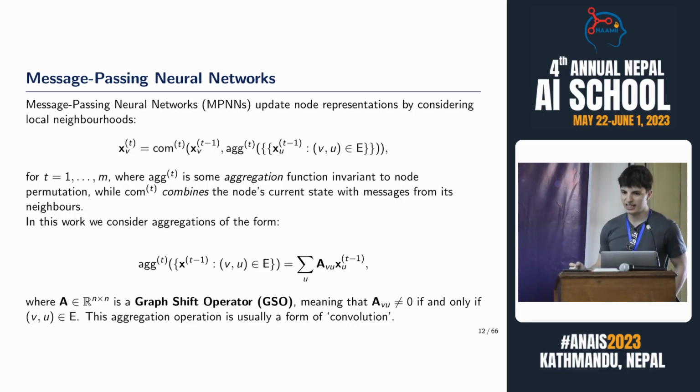This A can have different forms. These are called graph shift operators. Technically, even a Laplacian is a graph shift operator. These are just details that come from signal processing. But in general, you can think that you can use these matrices to efficiently convolve over your neighborhood. Oh, by the way, if I'm not clear on anything, let me know.